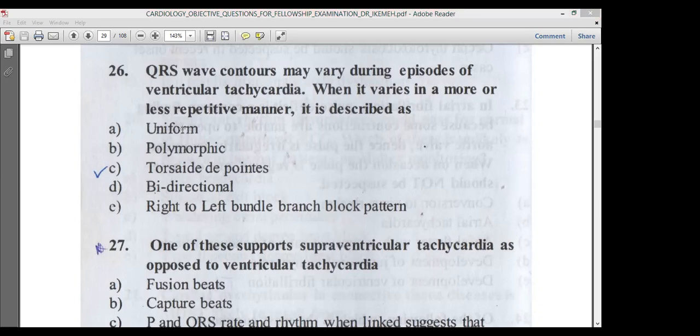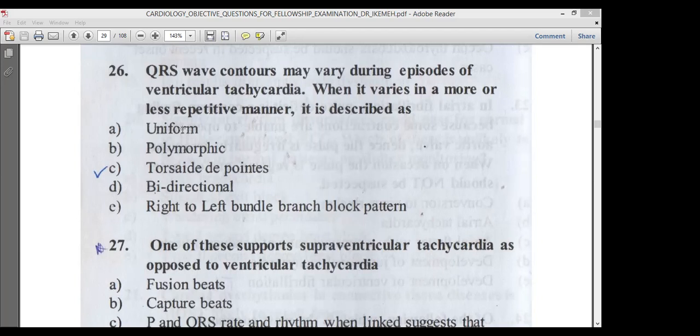B, bidirectional. E, right to left bundle branch pattern. So what the stem of the question is just trying to describe is actually torsades de pointes. That's saying that when the wave contour varies in a more or less repetitive manner, that's the spinning pattern. That's what it's just trying to describe. So that's torsades de pointes.